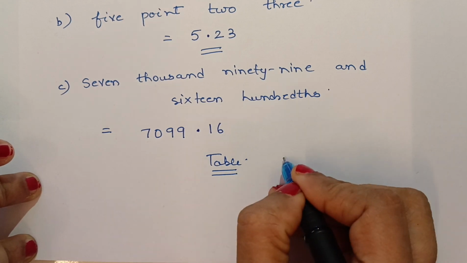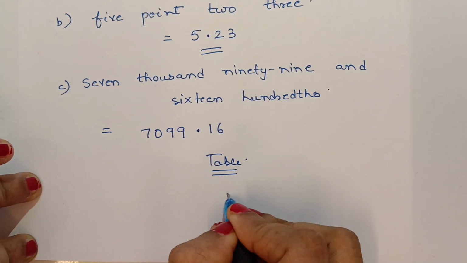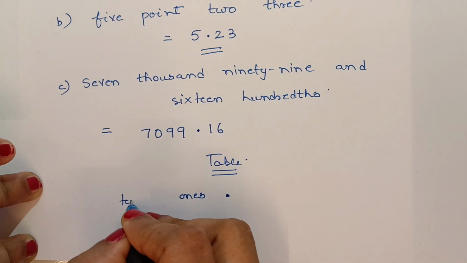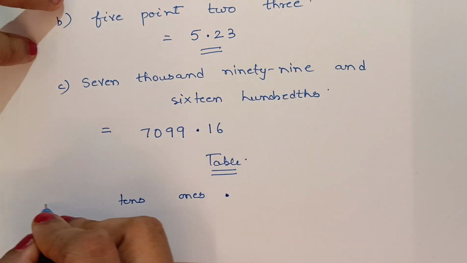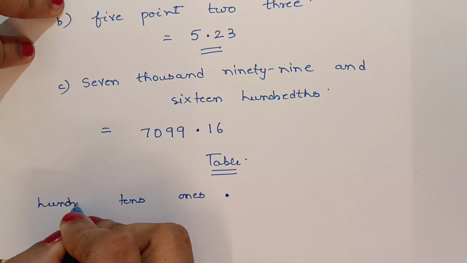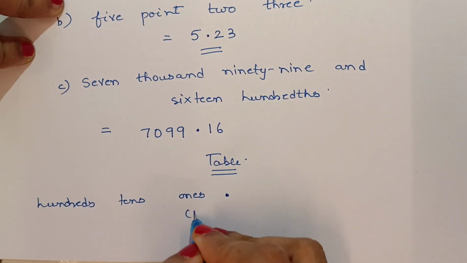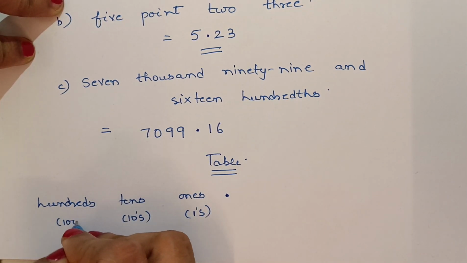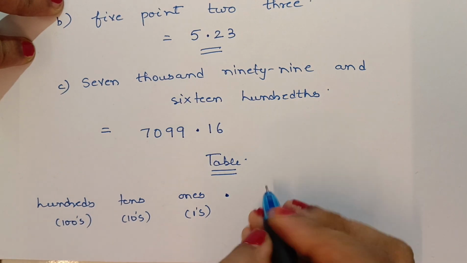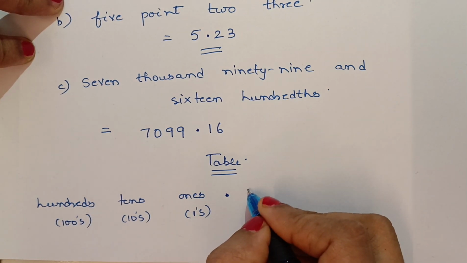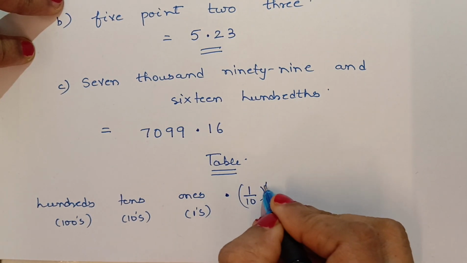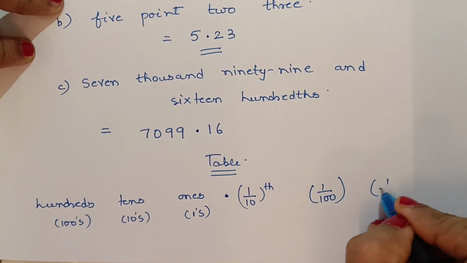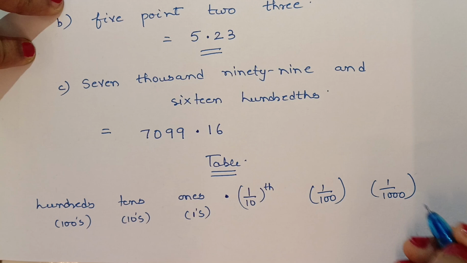What is the place value chart of the decimal table? Decimal point, ones, tens, hundreds, and so on. This is ones, tens, hundreds, and towards the right side what you have? 1/10th, 1/100th, 1,000th.